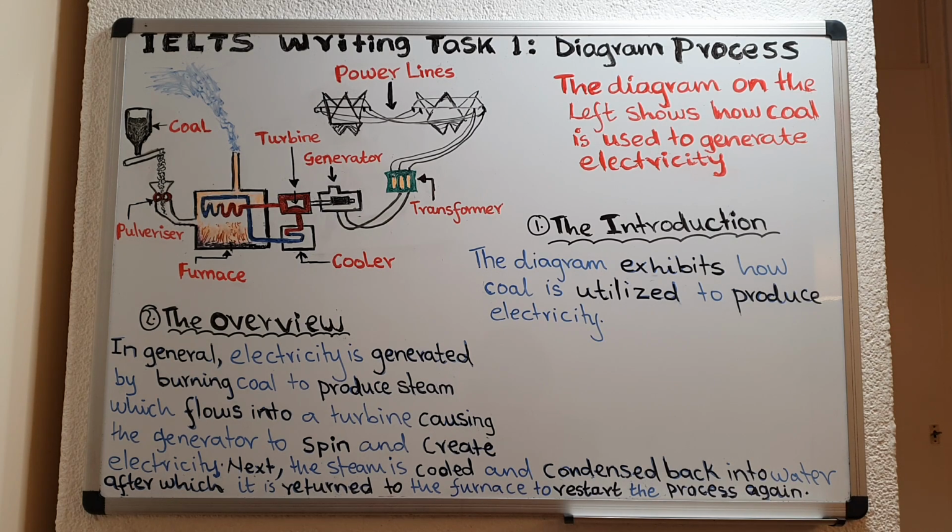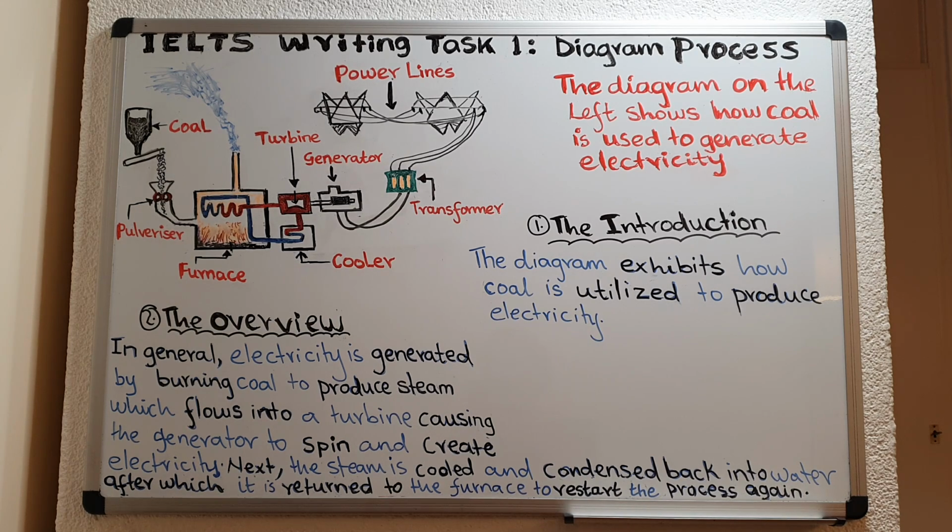The next step, put numbers 1, 2, 3, 4, and so on for each step. In our case, we put the first step, coal, we put number 1 there. The next step you can put in furnace, number 2. Step number 3, you can put it in turbine. Step number 4, generator. Okay?